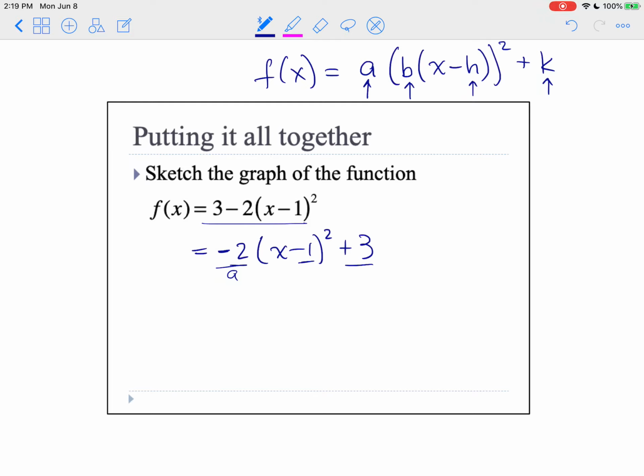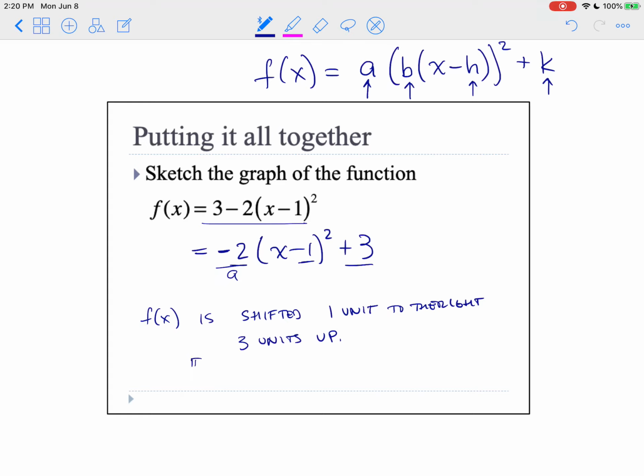Okay, so if I was going to write this function, if I said describe the transformations that are happening to the parent function x squared, I would say f of x is shifted 1 unit to the right, three units up.